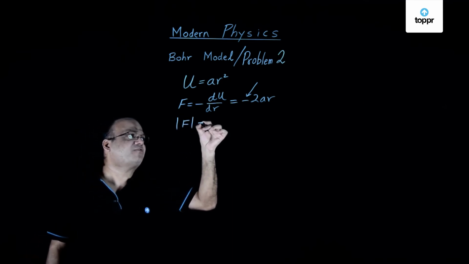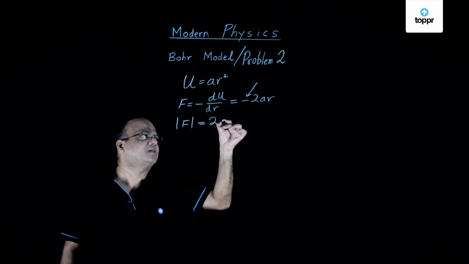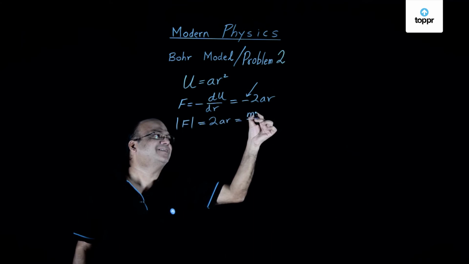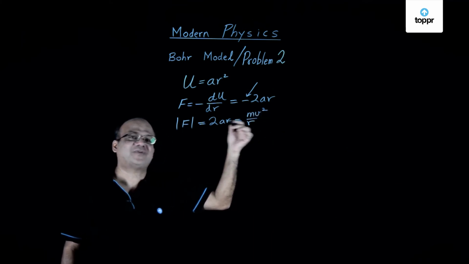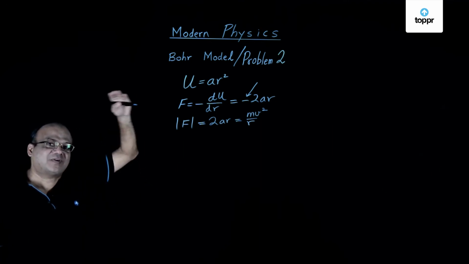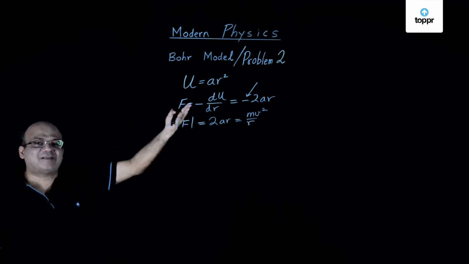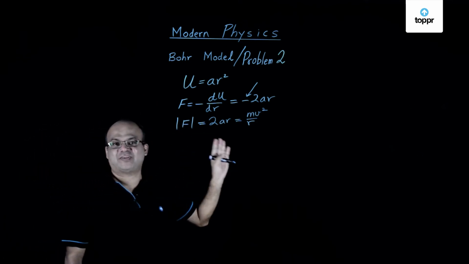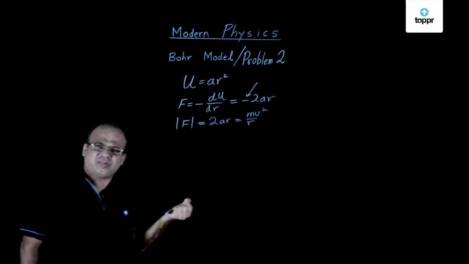So mod of F, which is 2AR, will be equal to mv squared by r. Right, the electrostatic force of attraction provides the necessary centripetal force. An electron is moving around the nucleus. Here somebody is providing force, and that force is equal to mv squared by r. So this is one equation.